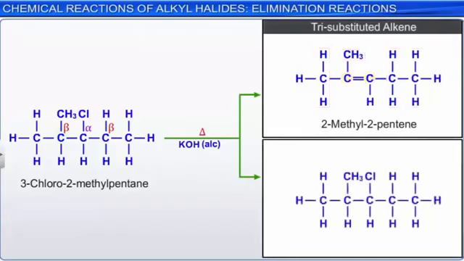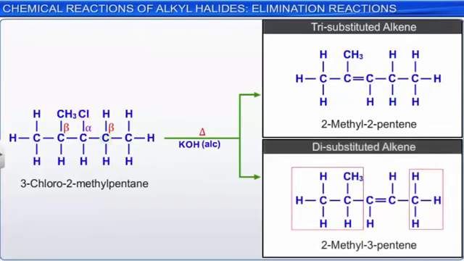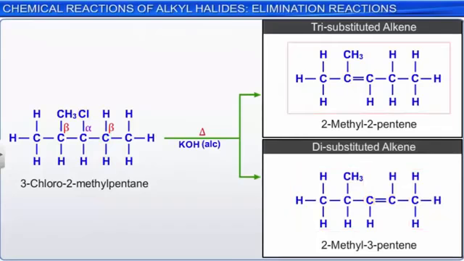The second product, formed when a hydrogen atom is removed from the right beta carbon, has only two alkyl groups attached to the carbons of the double bond. Thus, according to Zaitsev's rule, the first product is the preferred product.